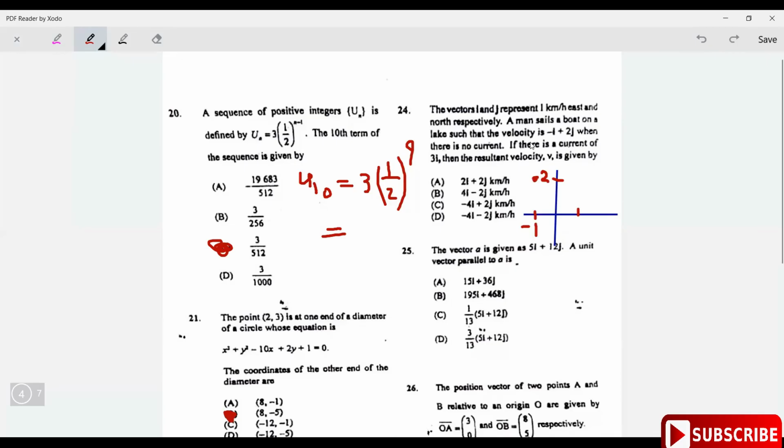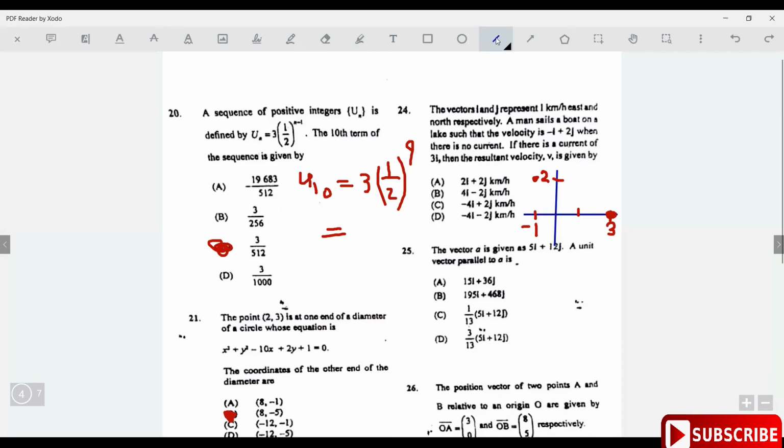It says if there is a current of 3i, 3 would be somewhere right here. Let's go 1, 2, let's say 3 is here. There's a current of 3i, which is right here. It says, if there's a current of 3i, then what is the resultant velocity? So this is what we have.